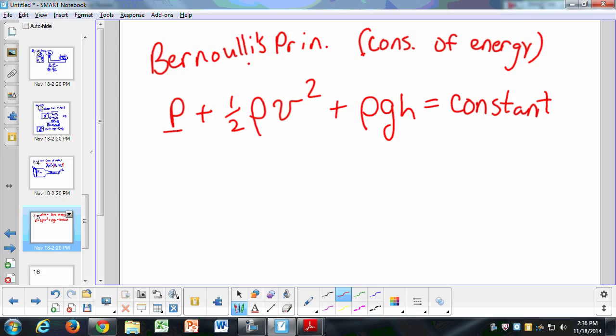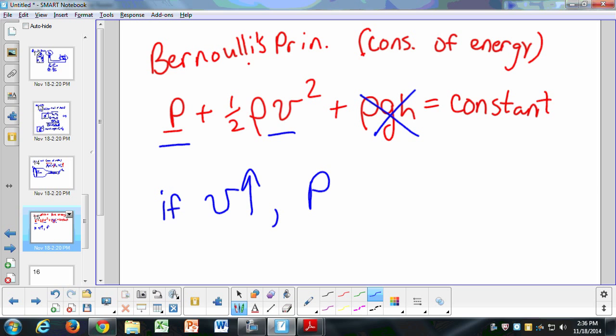Okay, so honestly, this is always going to not be relevant because our h won't change. So you might have a problem where I give you an initial pressure and a final pressure, and an initial speed, and you have to find, say, a final speed. Another thing that comes out of this, as we talked about, is that if the velocity goes up, the pressure decreases, and vice versa.